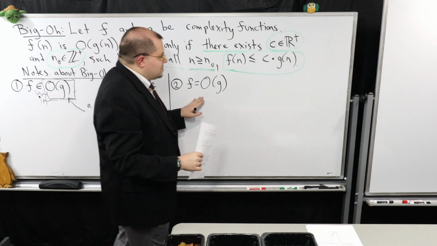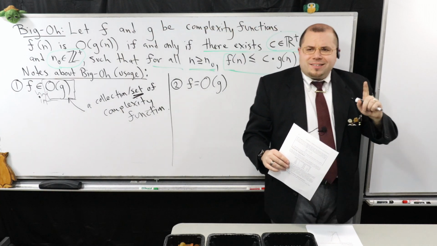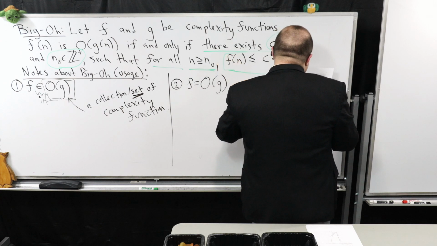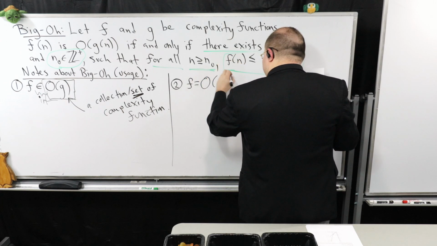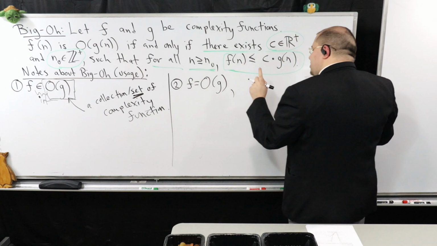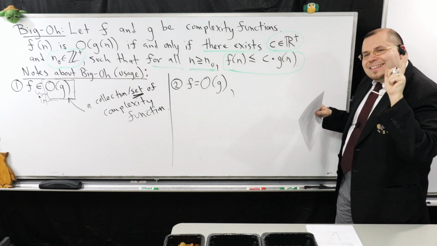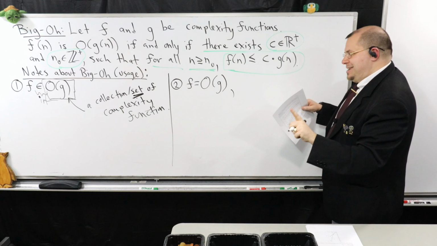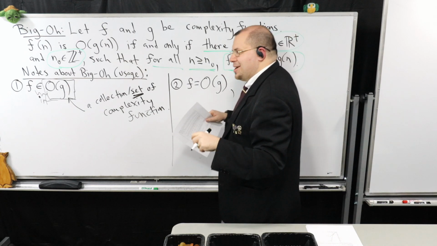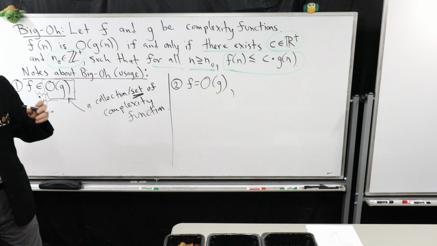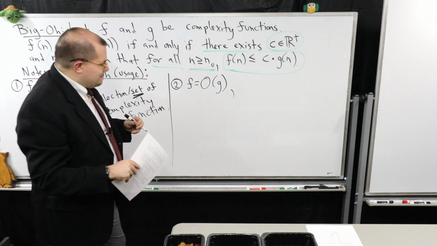The other usage is one that's rather useful when you want to simplify calculations. So let me talk a little bit about this one first. I must stress, when you see this equal sign, and this may be a little bit confusing because this thing about the equal sign has come up several times, I want to make sure I'm very clear about this.